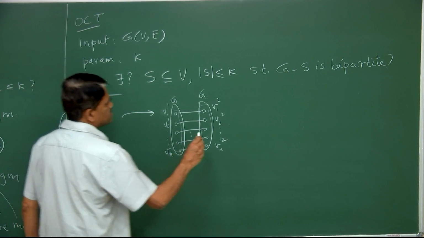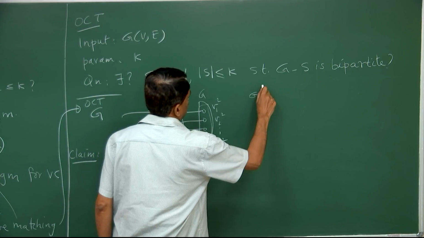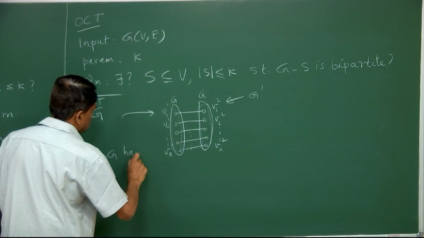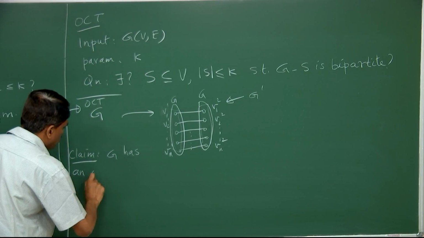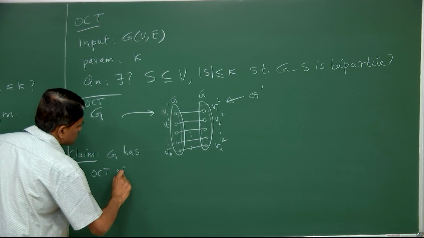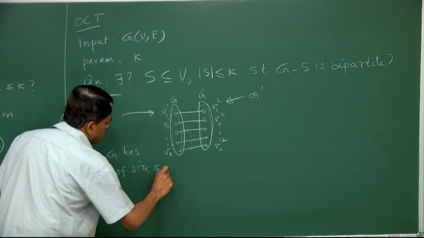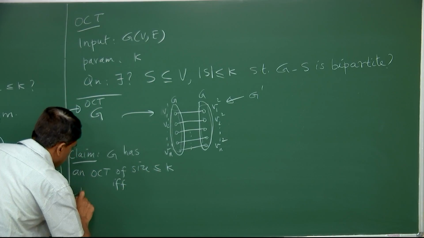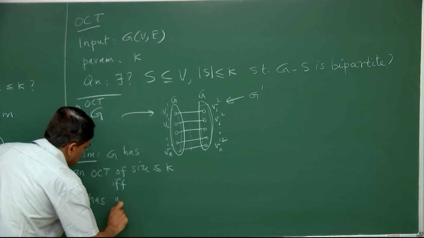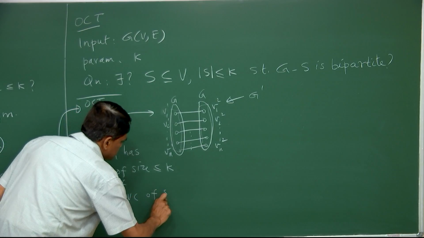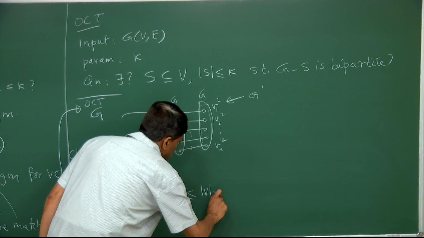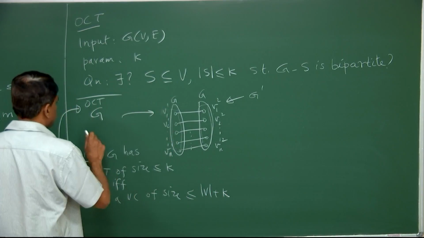So let's call this G prime. G has an odd cycle transversal of size at most k, if and only if G prime has a vertex cover of size at most size of B plus k.